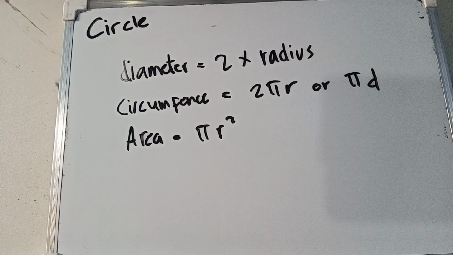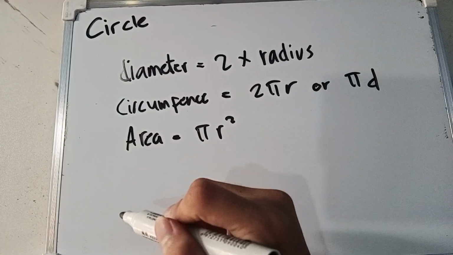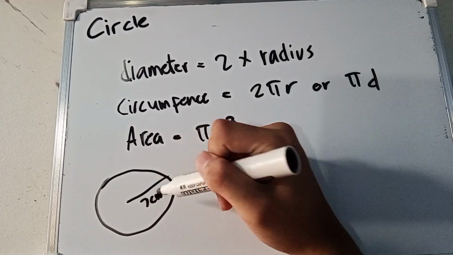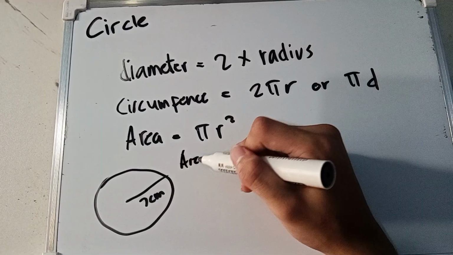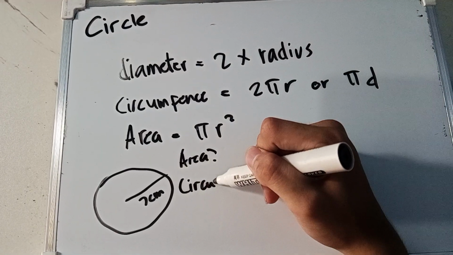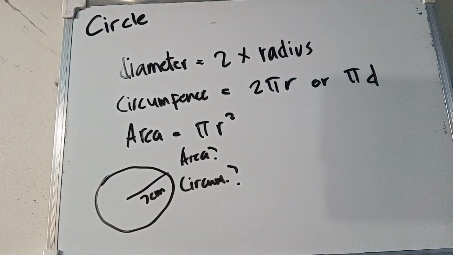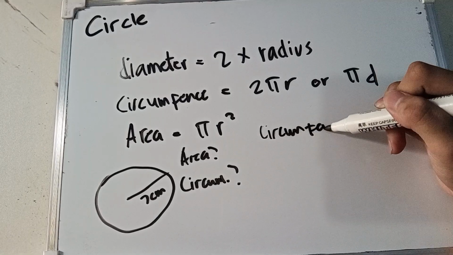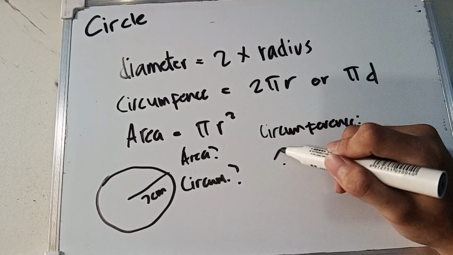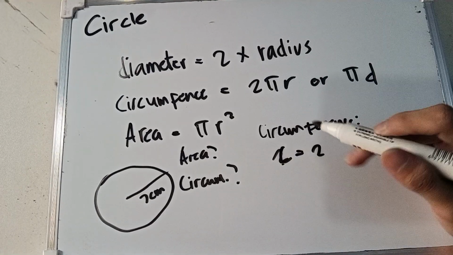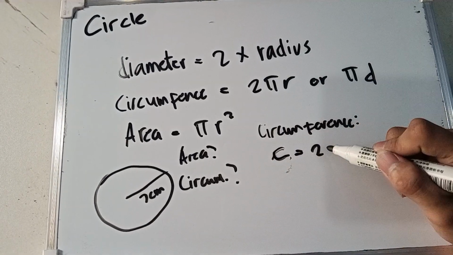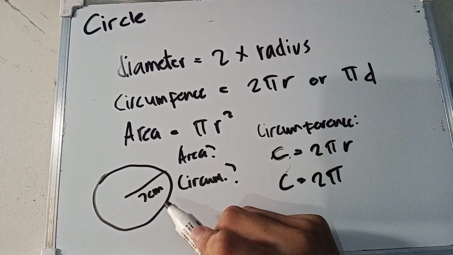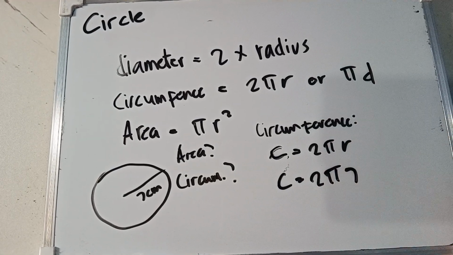So let's say that we have a circle with a radius of 7 centimeters. Now, what is the area and what is the circumference? For the circumference, the formula is 2 pi r. 2 times pi times r, which is 7 centimeters.